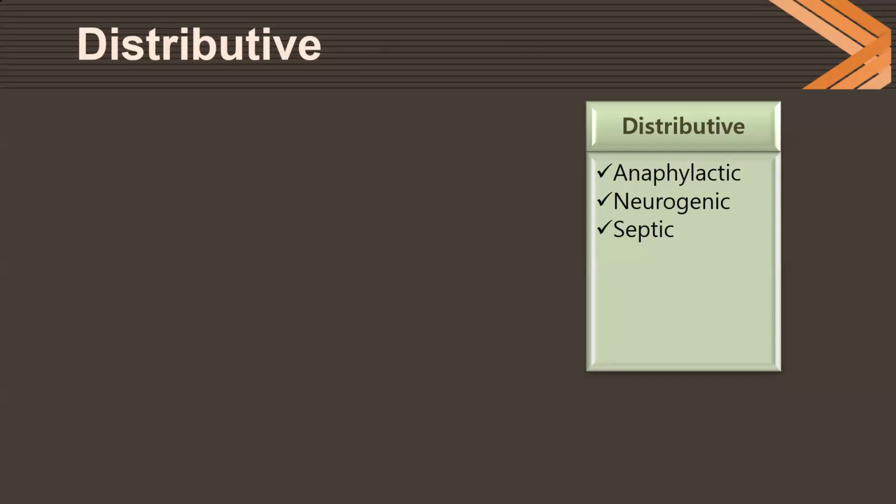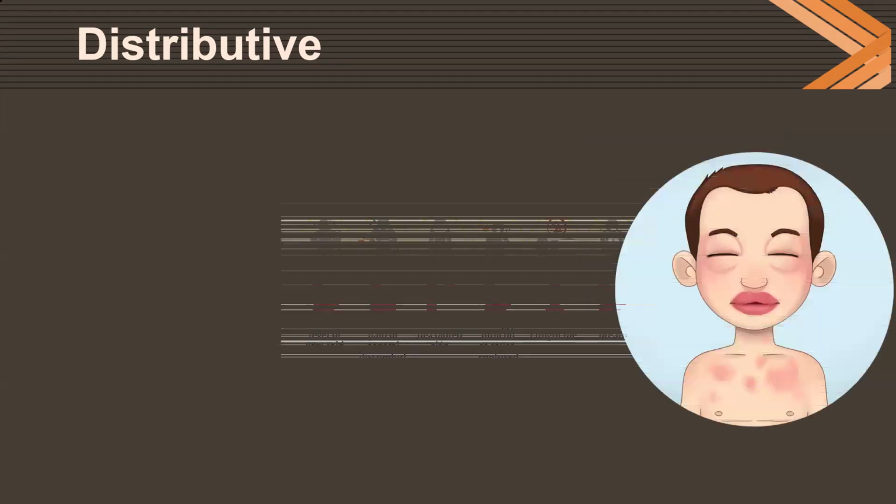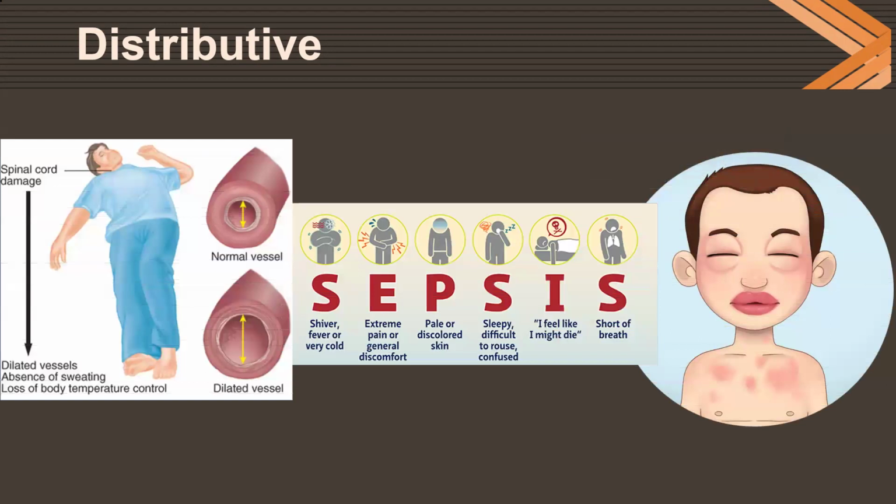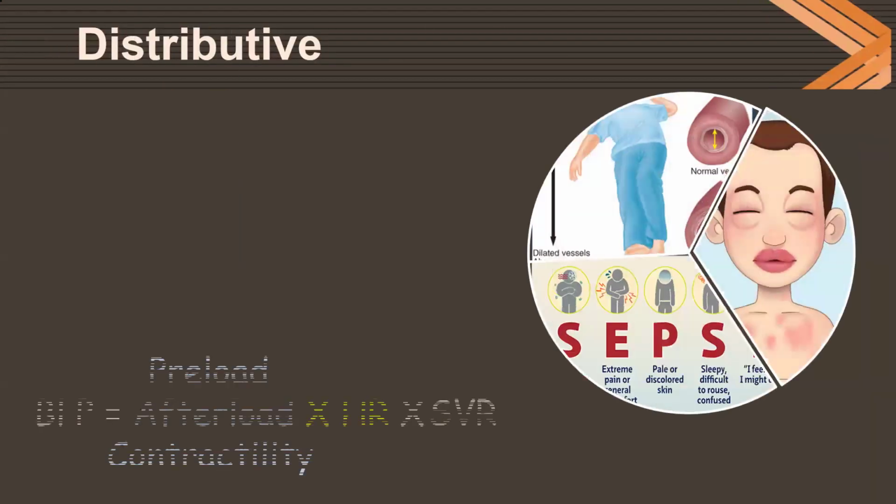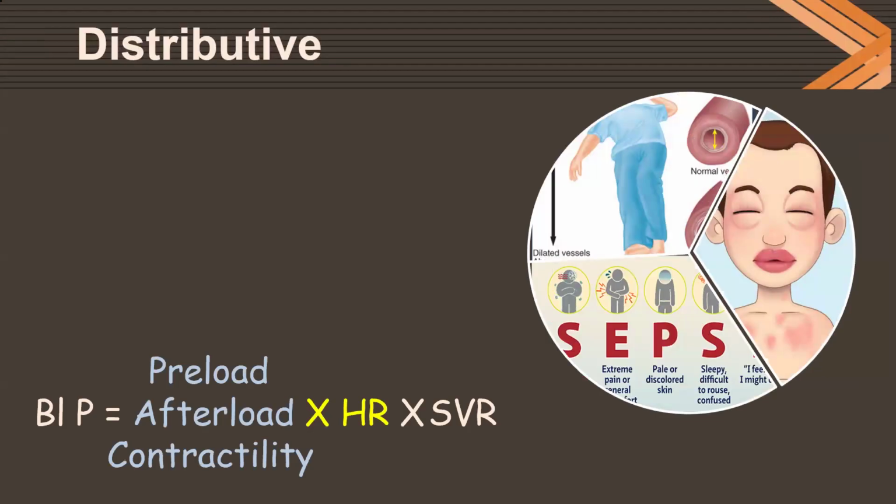The final type of shock is distributive shock, and the most common examples of this type of shock are anaphylactic, neurogenic, and septic. Of course, this discusses the early or the very early stages of sepsis, because shock in sepsis is a complex pathology. So if we have these pathologies, what happens in all of them is vasodilation.